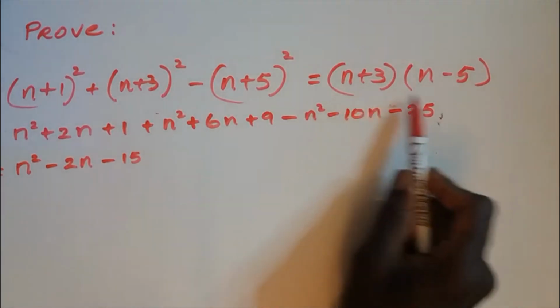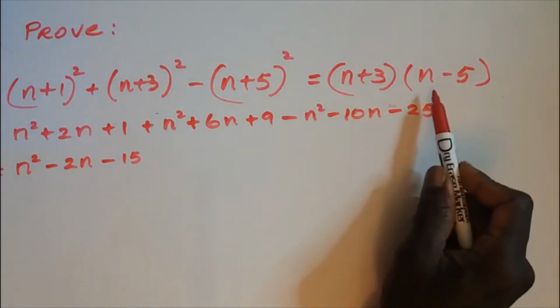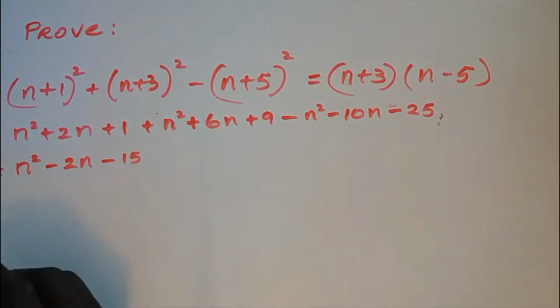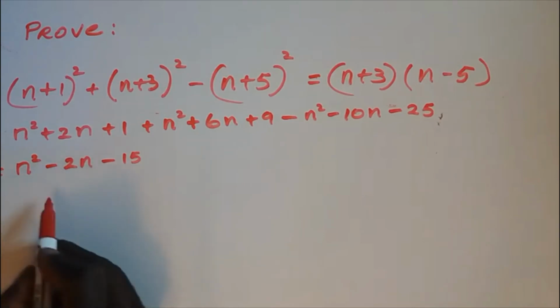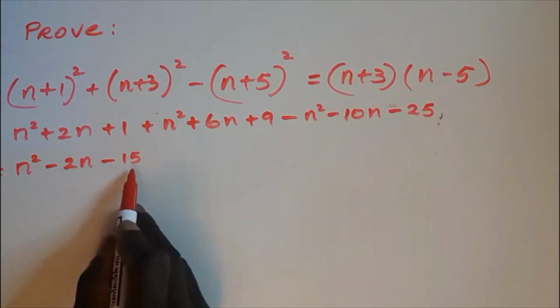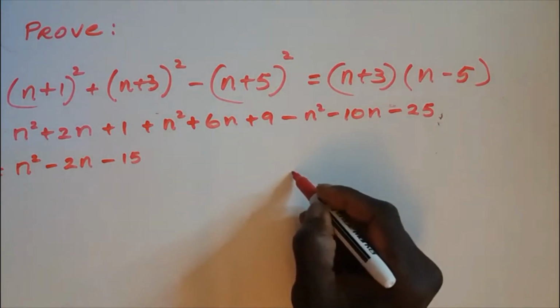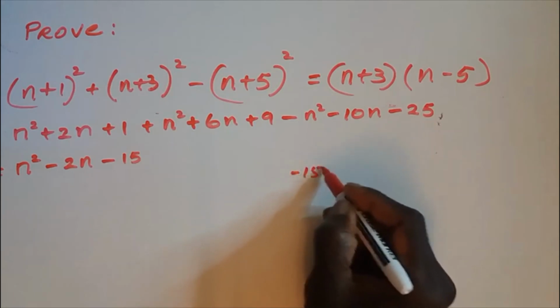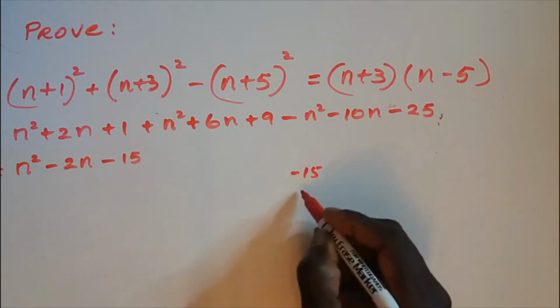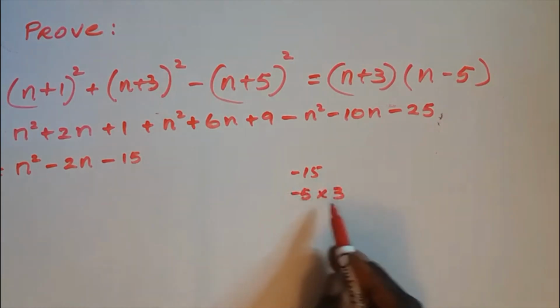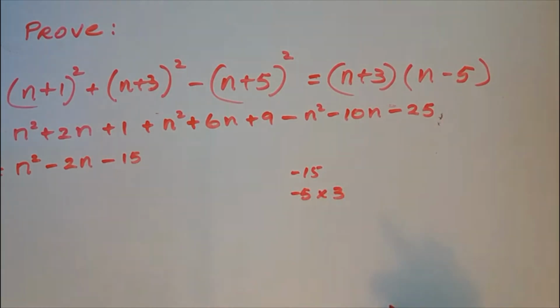And when we look at the right hand side, it looks like a quadratic expression that has been simplified or factorized. So let's factorize this. We have a is 1, c is negative 15, so our product is 1 times negative 15, which is negative 15. Two numbers that multiply to give this are minus 5 and positive 3. When added they give negative 2.